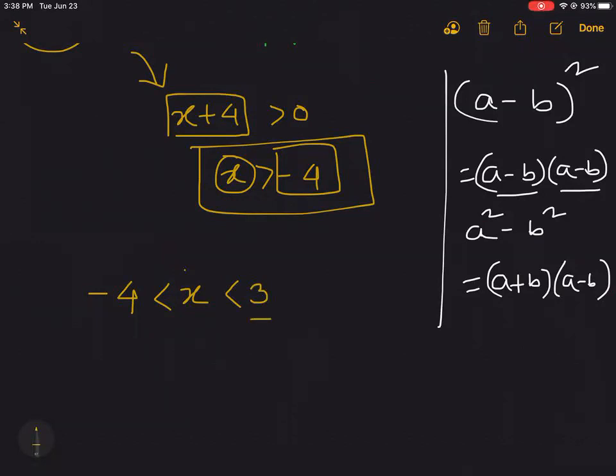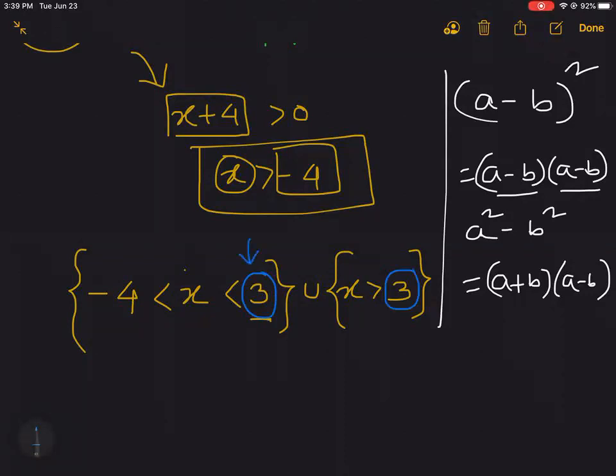So we need to stop at 3, but of course we can take any values after that. So we can write it like this, as the union of these two. We are just excluding 3 because it will make our product 0. So we'll go up to 3, and we'll start after 3 as well.